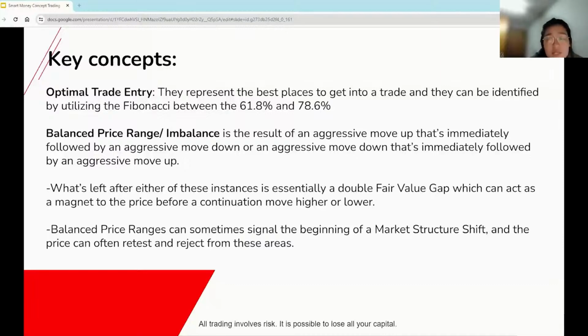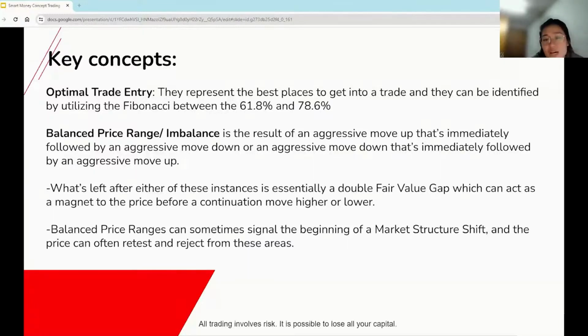And another key concept is balanced price range or imbalance, which is the result of an aggressive move up that's immediately followed by an aggressive move down. Or the other way around, where an aggressive move down is immediately followed by an aggressive move up.